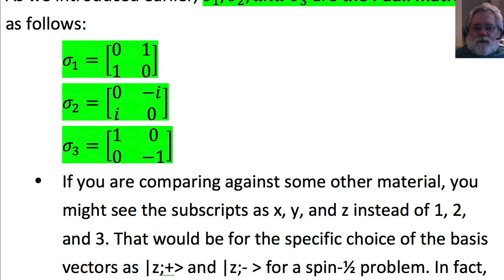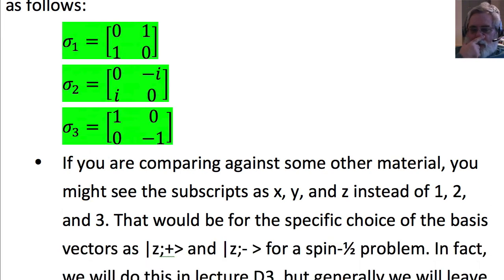That is true for the specific choice of basis vectors as z plus and z minus for a spin 1/2 problem, and we will use this in lecture D3 for spin 1/2 particles. But here we're talking about general generic two-state systems. So we said our basis vectors will be orthonormal, but we haven't chosen any directions in space. So we should stick with 1, 2, and 3, not x, y, and z.